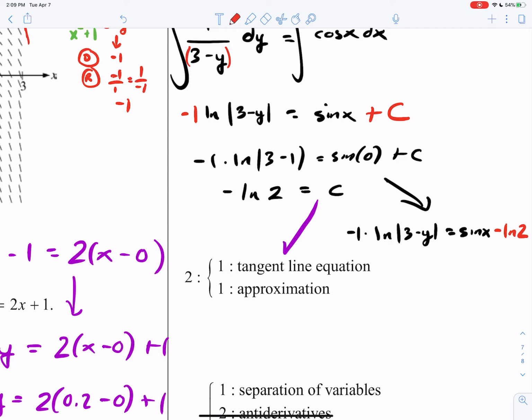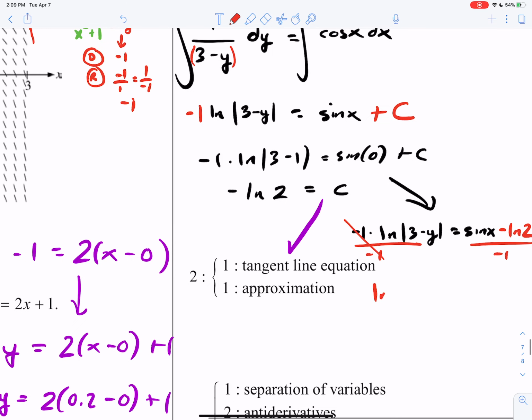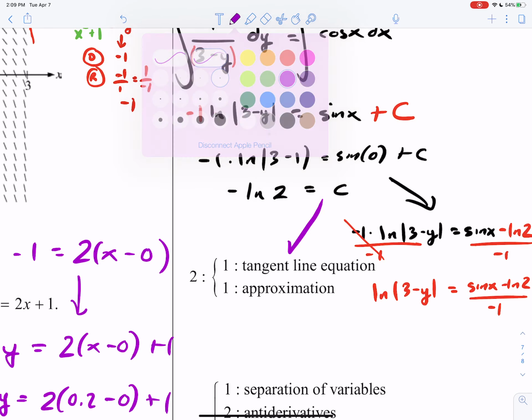I'll do this in a very plain way, keeping things the way they are without simplifying. I'm going to get rid of the negative 1 there. I'm going to have natural log of 3 minus y is equal to all of that. I'm not going to simplify it. You're more than welcome to do so, but you don't get any extra points for that.